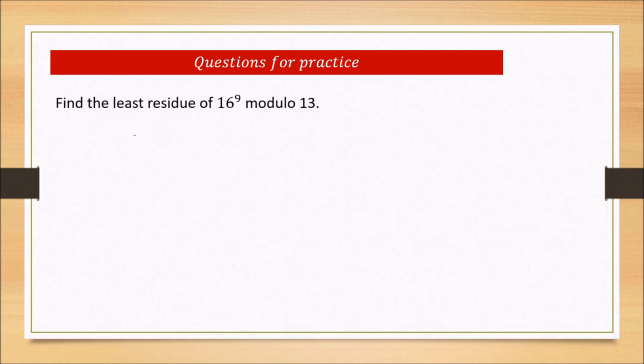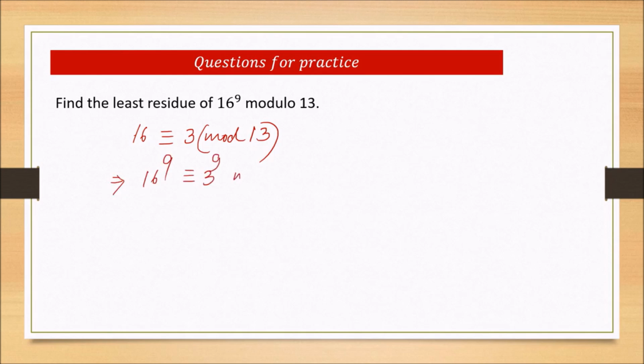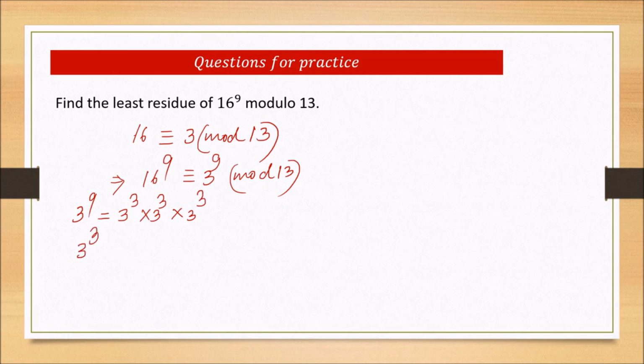So 16 is congruent to 3 modulo 13. So 16 raised to the power 9 is congruent to 3 raised to the power 9 modulo 13. Now let us come to 3 to the power 9. 3 to the power 9 can be written as 3 to the power 3 multiplied by 3 to the power 3 multiplied by 3 to the power 3. 3 to the power 3 means 27.